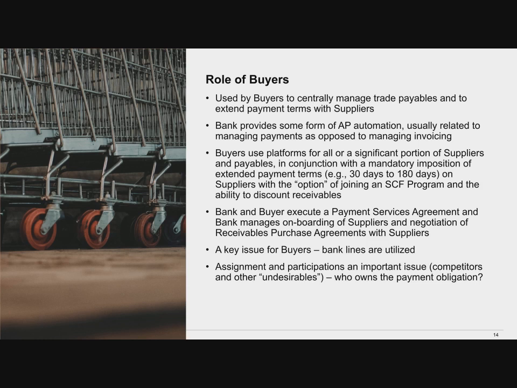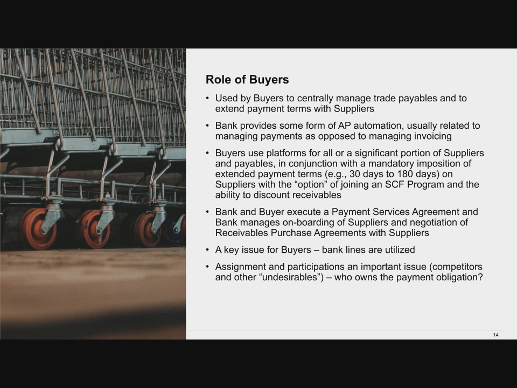So if you have a bank, for example, that is operating a program and it is purchasing from suppliers buyer payables, then it follows that the buyer, more to the point, is utilizing credit lines in relation to a particular buyer, because ultimately they are looking to the buyer for payment under those invoices.